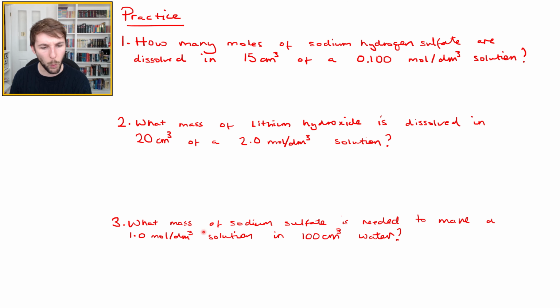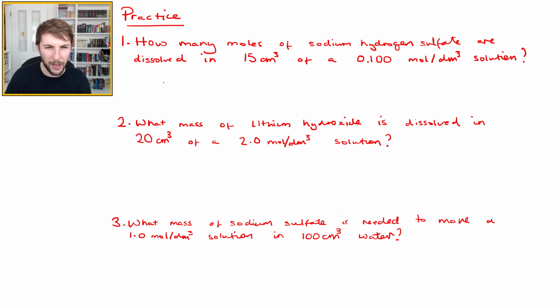And the third one is what mass of sodium sulfate is needed to make a 1 mole per dm³ solution in 100 cm³ of water. So for both 2 and 3, you need to use 2 equations, and you will also need to work out the formula of lithium hydroxide and sodium sulfate in order to do either one of those. Do pause the video now and then come back and we'll have a look at the answers.